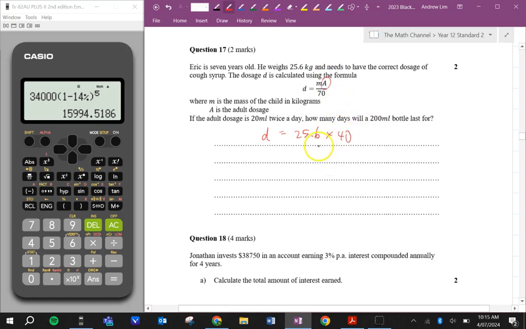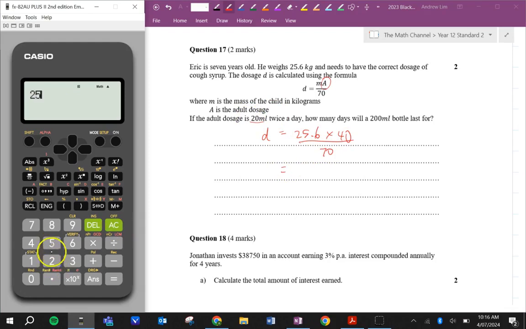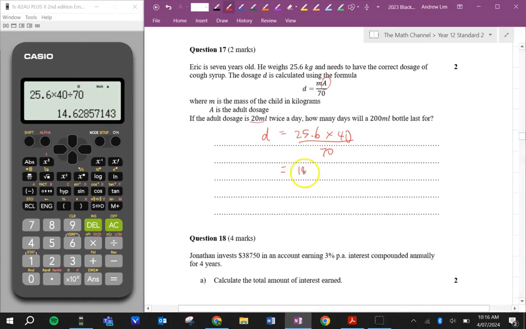Okay, that's 20 times 2. Divide that by 70. That is 14.63 milliliters.